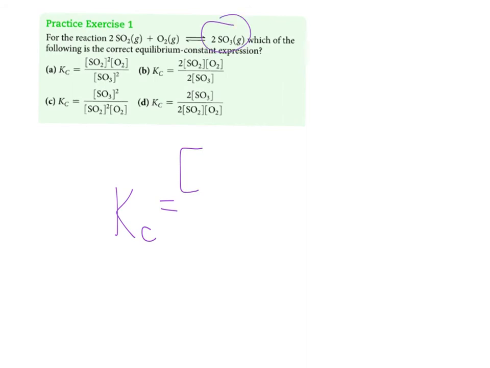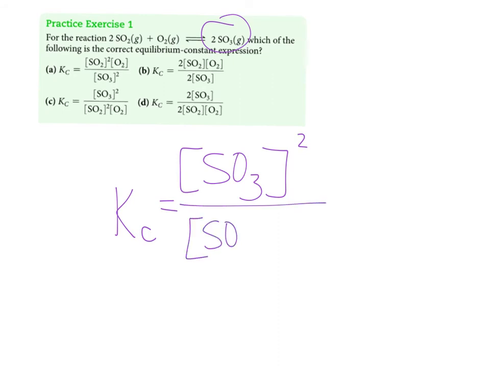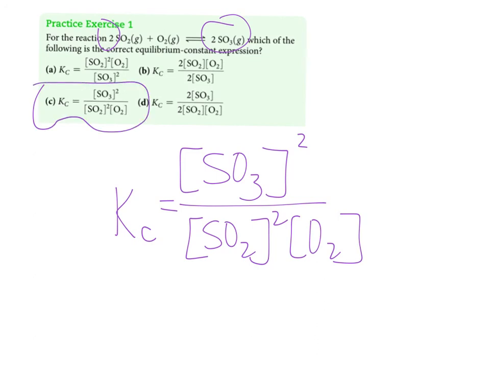The products are SO3, the concentration of SO3 to the second power, over the reactants, SO2 to the second power, times O2 to the first power, making C the correct answer. You see, we do not put the coefficients in front here. If there's a coefficient in the reaction, it becomes a power in the expression.